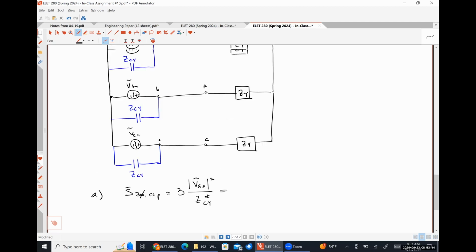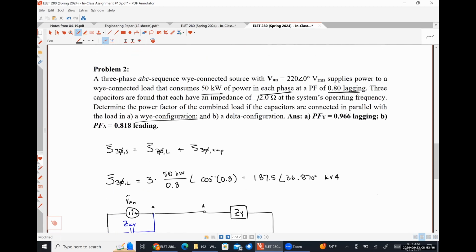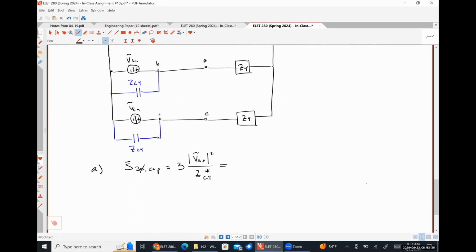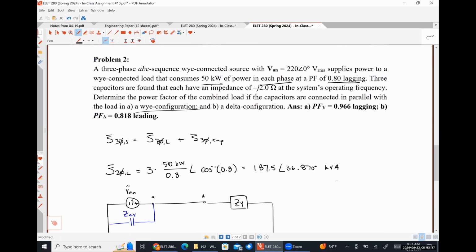So from my problem statement, I know that the voltage drop across my capacitor is 220. So that's going to be 3 times 220 squared. What's the conjugate of my capacitor's impedance? Positive J2, yeah, so 2.